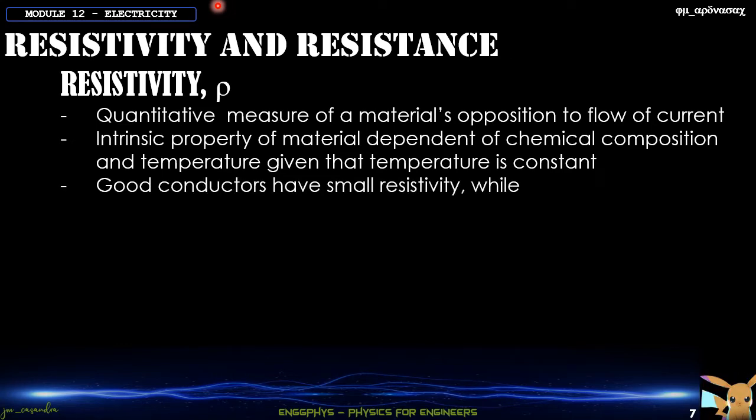So a good conductor will have small resistivity, while a good insulator will have a very large resistivity. So if you could remember from our heat discussions, when we say insulators, they are not good at absorbing heat.